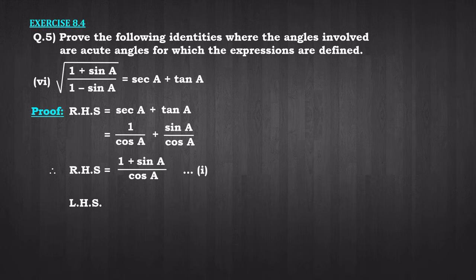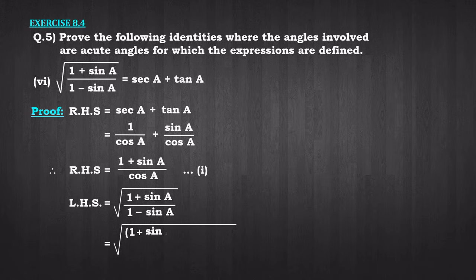Multiply the numerator and denominator inside the square root by 1 plus sine A. The expression becomes square root of (1 plus sine A) multiplied by (1 plus sine A) divided by (1 minus sine A) multiplied by (1 plus sine A).